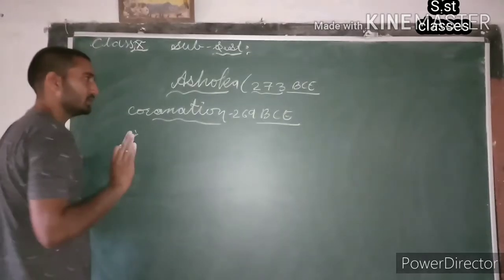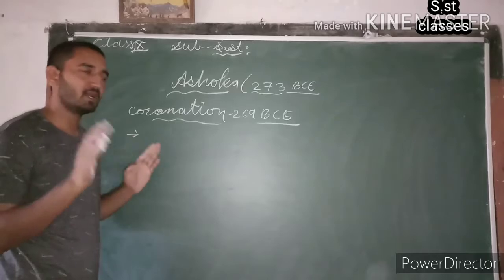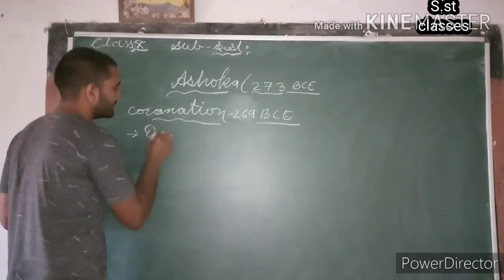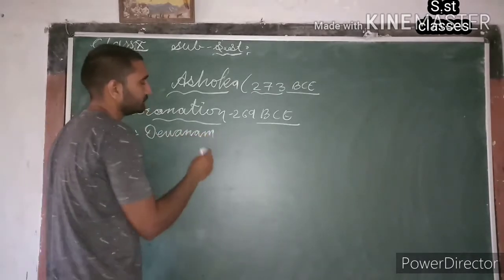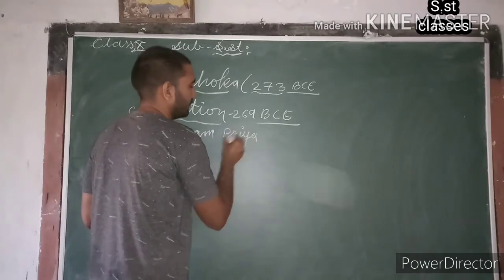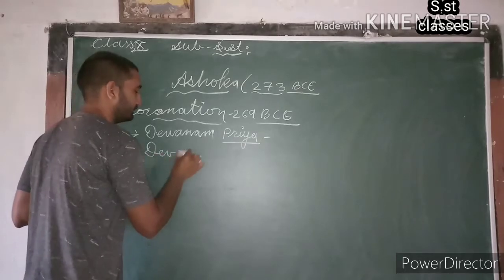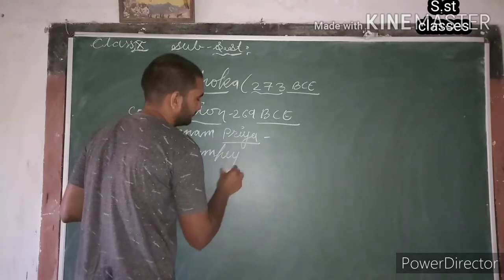Ashoka was the first ruler who used rock edicts and inscriptions for addressing his masses. And according to the rock edicts of Ashoka, we find his name as Devanam Priya and Devanam Priyadasi.